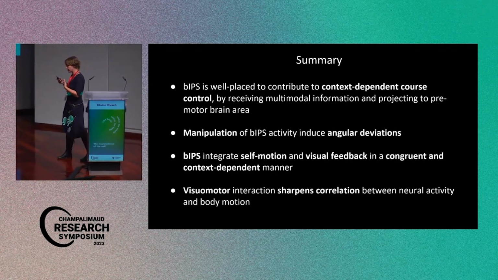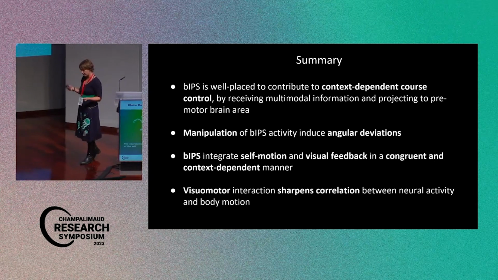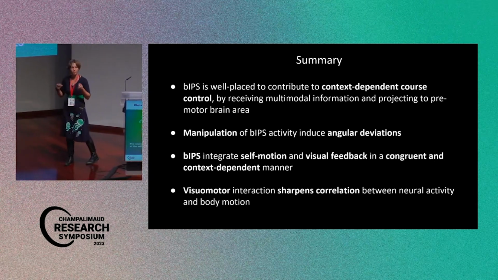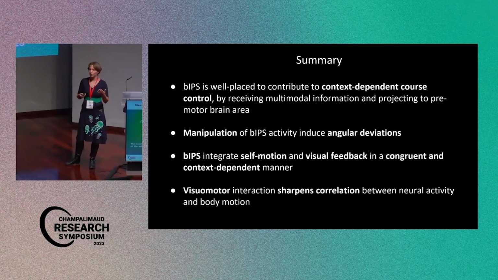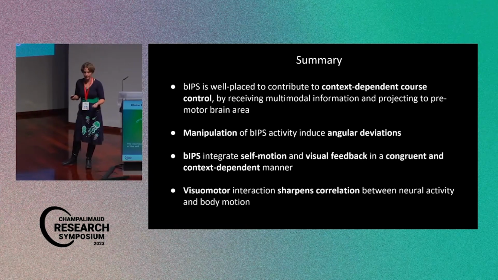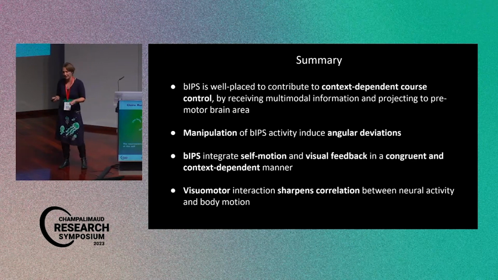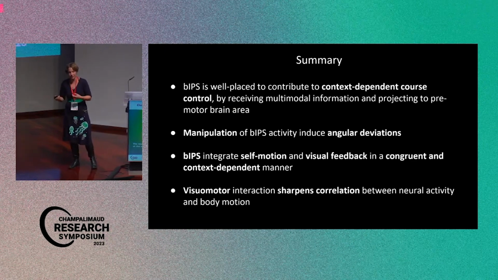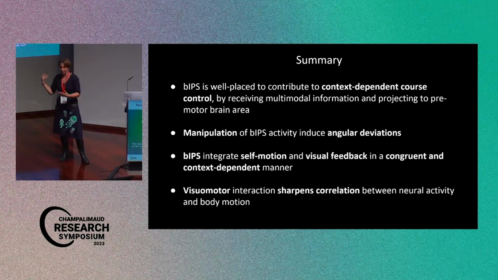We also want to test this, because if you think about BIPs as helping an accurate representation of body motion, then I believe it has to be flexible. When you pick an insect in the wild, it's very rare that it has all its legs and wings intact. It's usually a little bit damaged, and it probably had to learn to readjust the way its motion is impacting its vision.